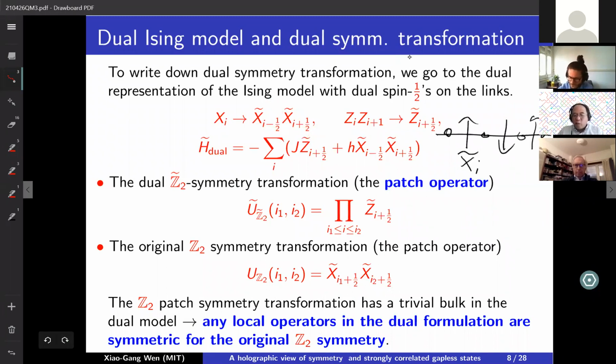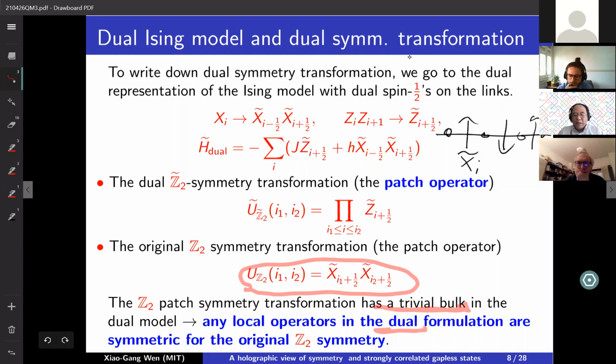So at the end, the patch operator becomes 2X tilde at the ends of the patch, but the middle is empty. There's a trivial bulk. In some sense that means any local operator in the dual model will commute with this patch operator, and this is expected.